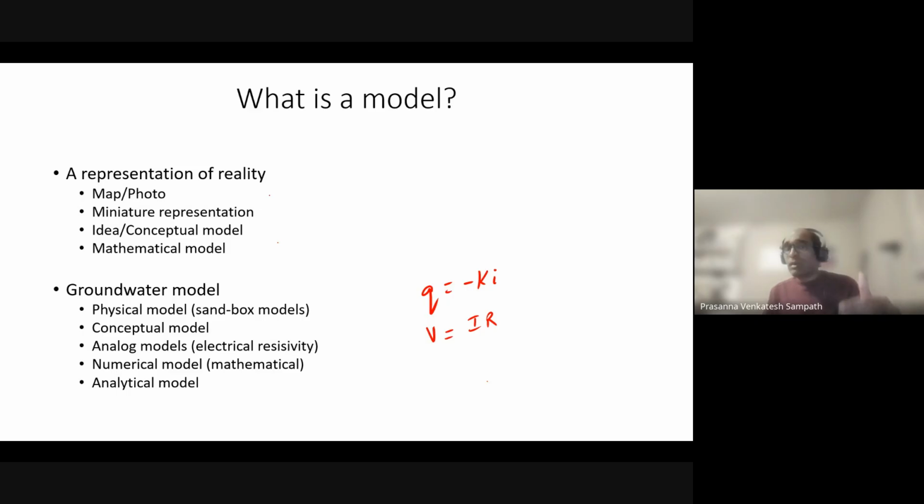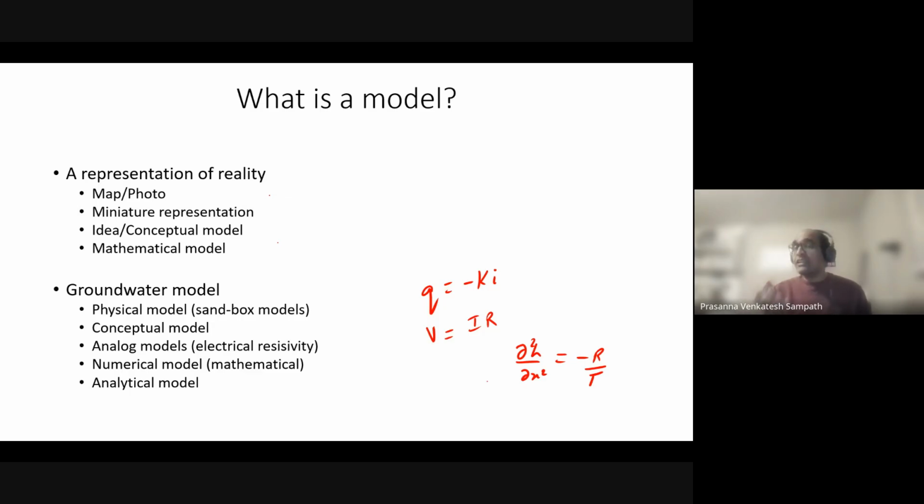And then we have, like we discussed before, a numerical or a mathematical model. There could also be an analytical model, right? If you remember, we wrote a lot of different equations early on. We said ∂²h/∂x² equal to minus R by T, right? Remember, we wrote an equation like this.